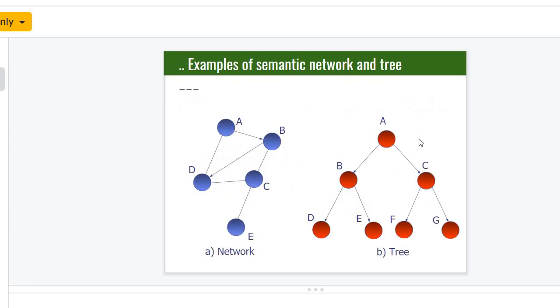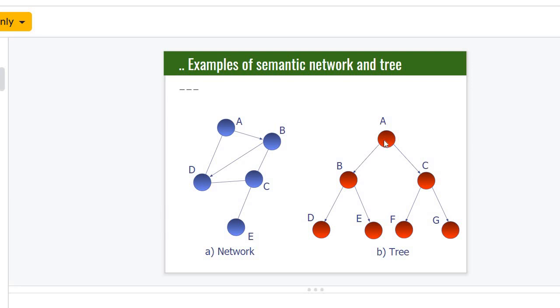Now, as you can see, these nodes have the concept of predecessors and successors. Predecessor means pre, something which is before. Successor is the next generation. Let's take the example of a family tree.